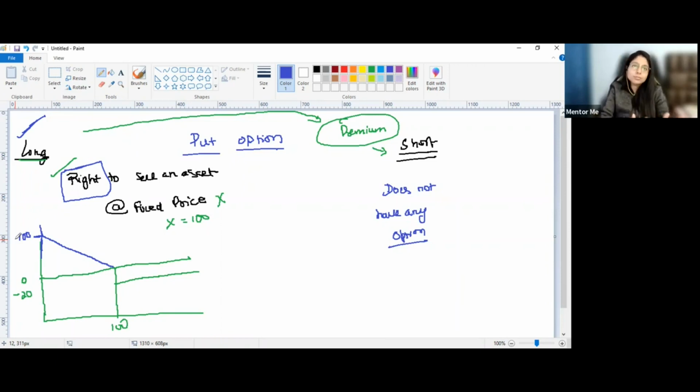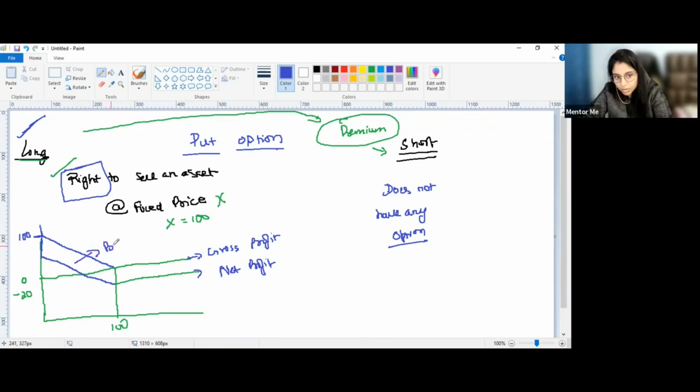That gives us our net profit. So the net profit will be a little lower in comparison to the gross profit. We can say this is the gross profit line, and this is the net profit line, and the difference between the two is because of the premium that we have paid.